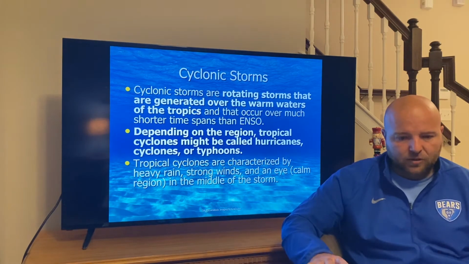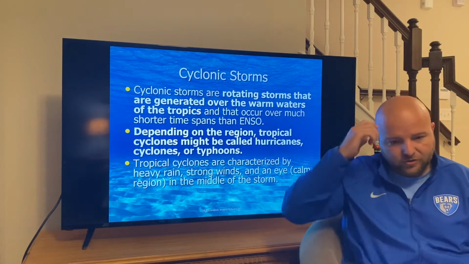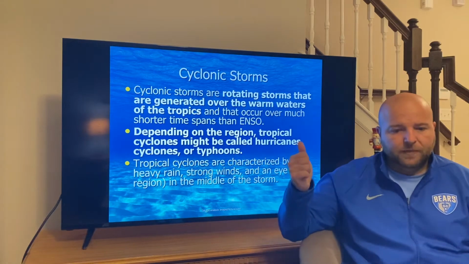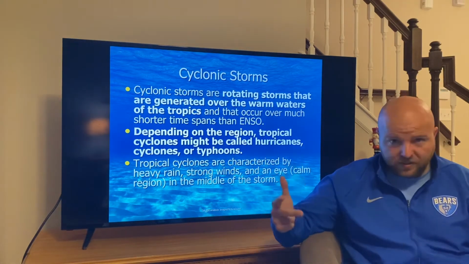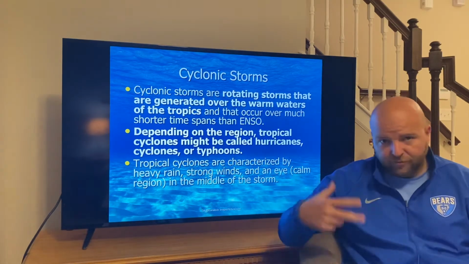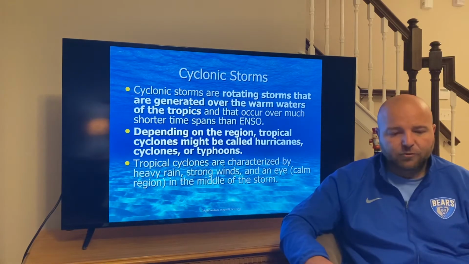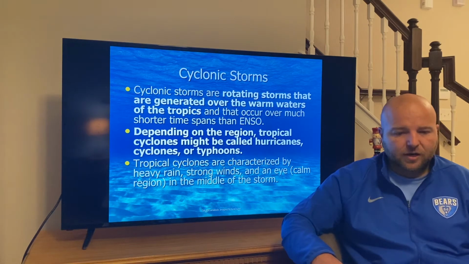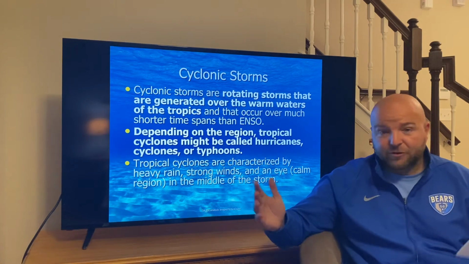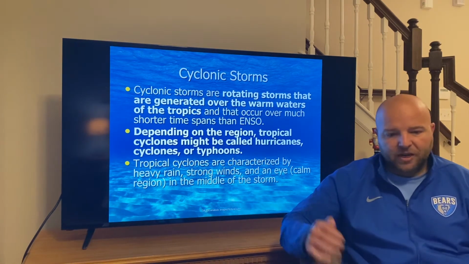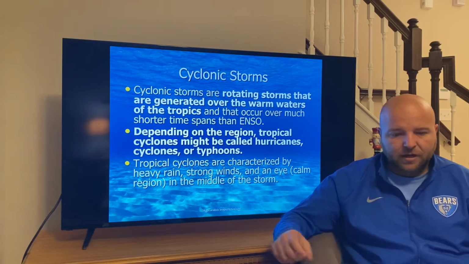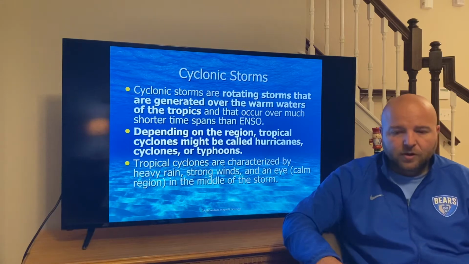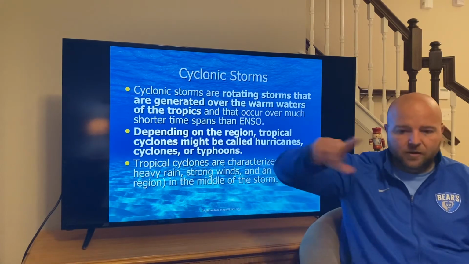So tropical cyclones, depending on the region, might be called hurricanes, cyclones, or typhoons. They're all the same thing, just referred to by different names in different regions of the world. So tropical cyclones are characterized, as you probably know, if we're talking about hurricanes here, by heavy rain, strong winds, and an eye, a calm region that sits in the middle of the storm, with it worsening on the outside.